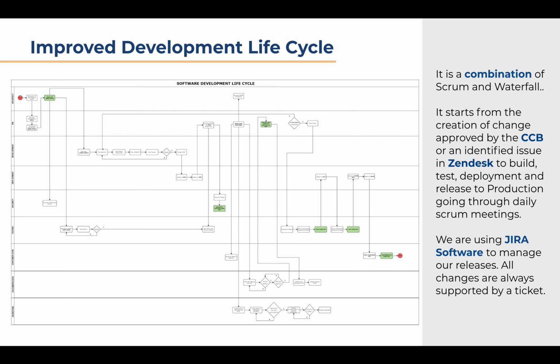What is important to know is that the creation of a ticket, of a change in the tool, is really triggered by either a CCB ticket or an issue identified in Zendesk. This is really the start of us applying some changes into Strato. And then of course, after we build, we test, we deploy, and we release to all our landscape.